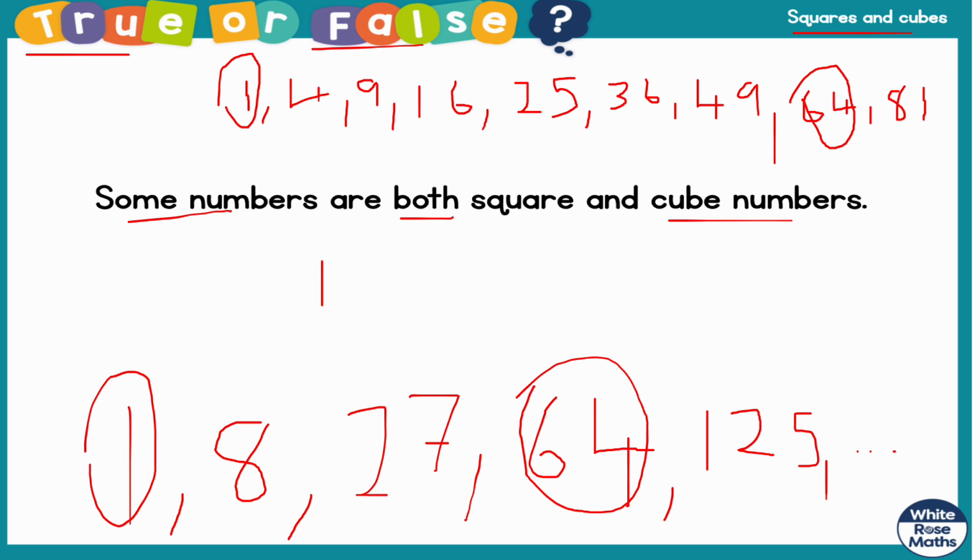But the statement is true because it says some numbers. It doesn't say all numbers in both lists, square and cube numbers. It says some, and some means potentially one or more. So that statement is true, guys.